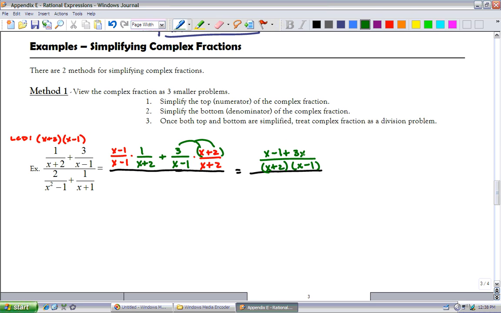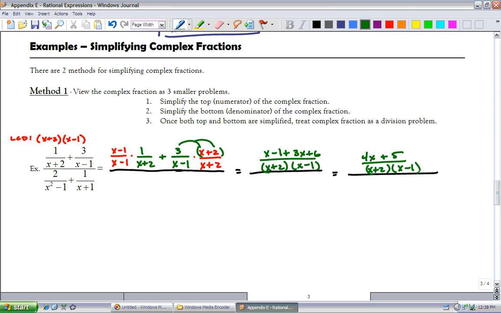So I get 3x plus 6. Next, I just need to simplify that top a little bit more, and so I end up with 4x plus 5 all over what I determined to be the least common denominator for the top of this complex fraction.